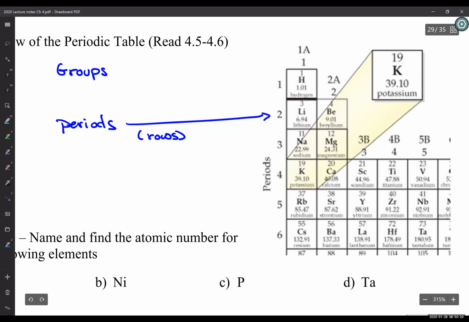And they're numbered 1, 2, 3, 4, 5, 6, and then 7, and then we're working on 8 because, like you see, we kind of filled this up, so we're shooting for this one down here, which will be fun because it'll make everybody have to reformat their periodic tables. And then there's groups. So a group is a column going this way. So they're vertical this way, and periods are rows going this way.